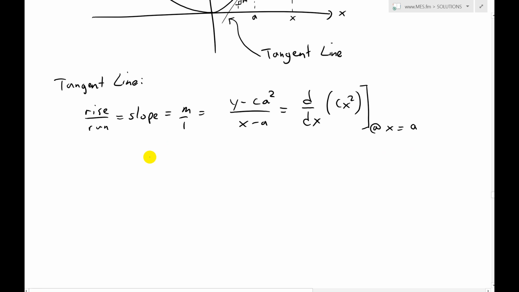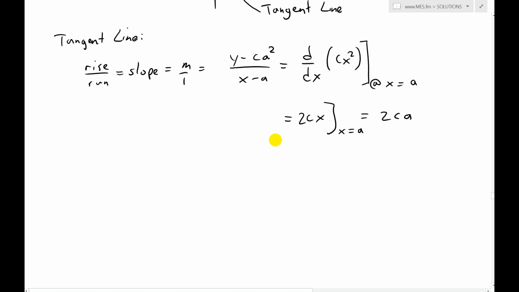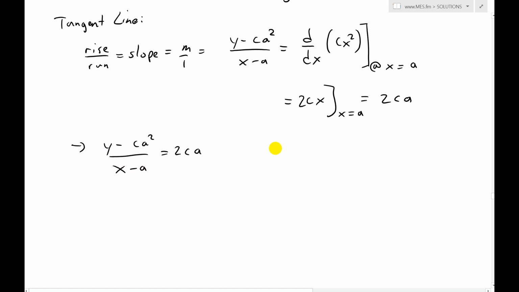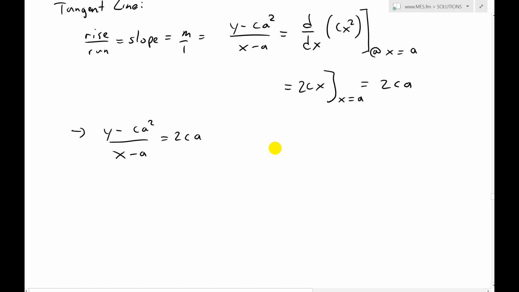So the derivative of this is going to be 2cx, and this is at, again, x equals a. Now just plug that in, and we get 2ca. In other words, putting that together, we have y minus ca squared over x minus a equals 2ca. It's just another way of finding the tangent line. There are other ways, you could do y equals mx plus b and solve for m and b and so on. Let's do it this way.